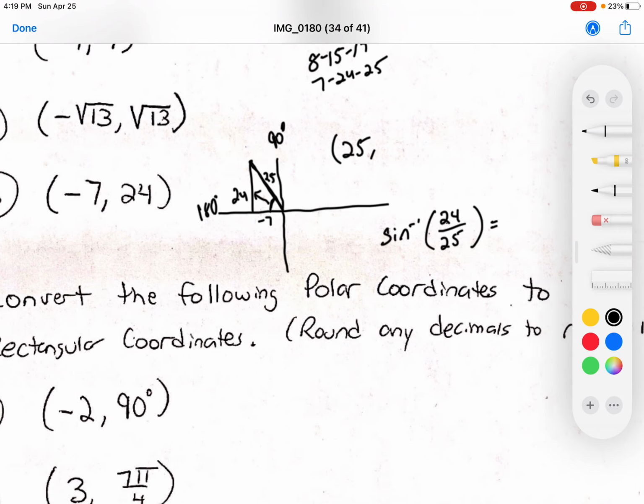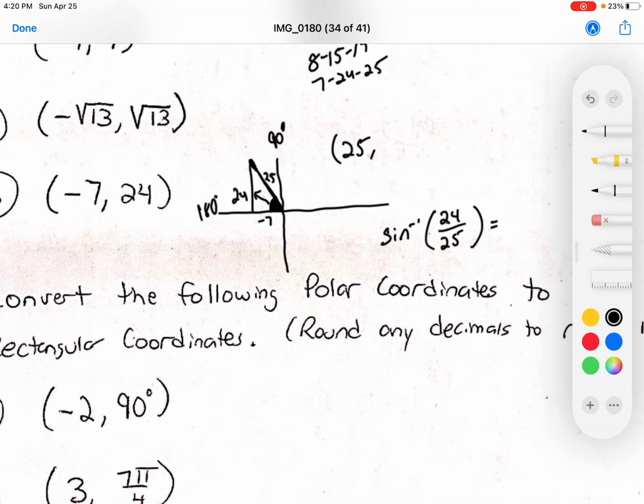This is going to give me this exact degree in the triangle. Once I get that, then I can figure out exactly where between 90 and 180 this coordinate is going to be. So in my calculator, I'm going to do second and sine, that gives me sine inverse, and I'm going to do 24 divided by 25.